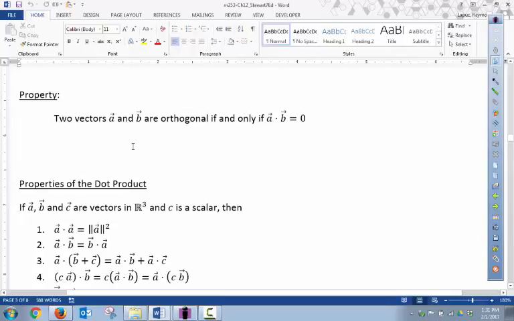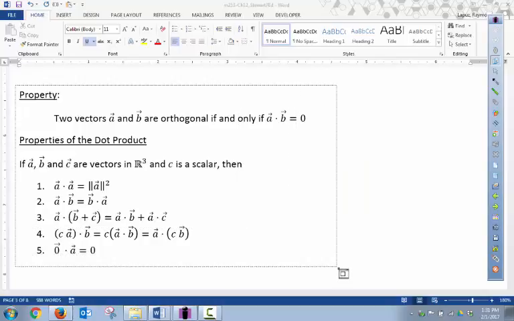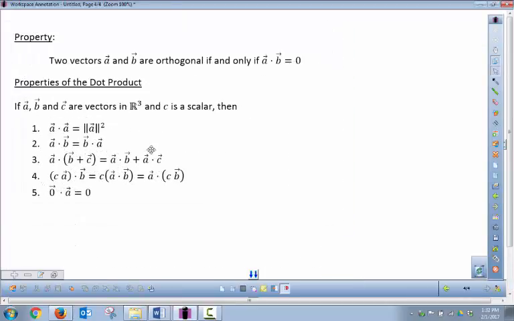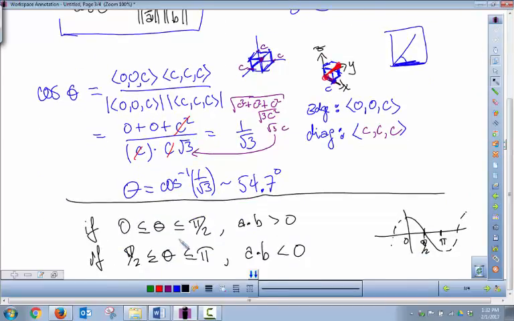take a look at one special property and then a whole slew of other properties. And this special property is, again, based on that geometric definition of the dot product. So the whole idea of the dot product being positive, well, let me check my inequalities.